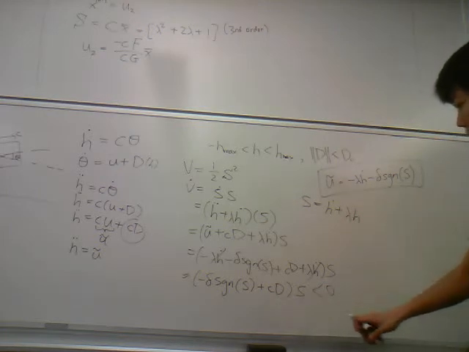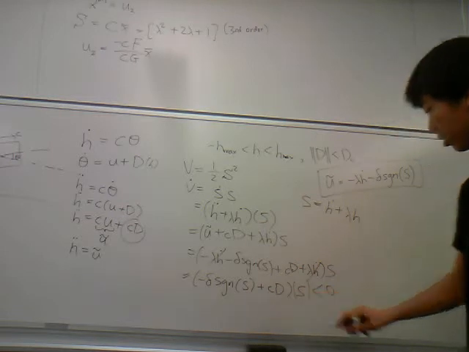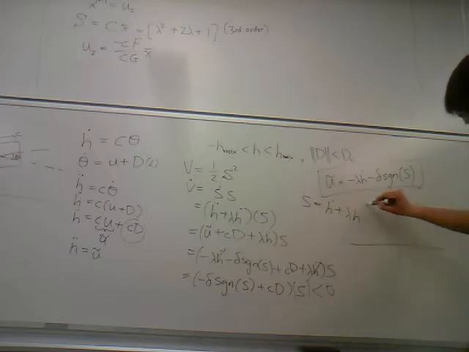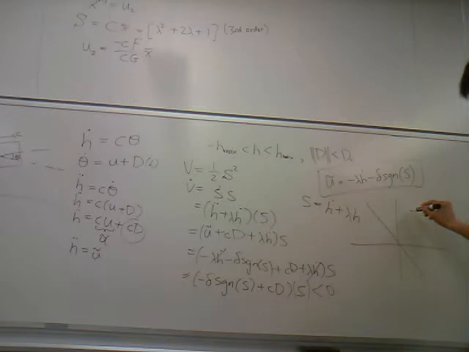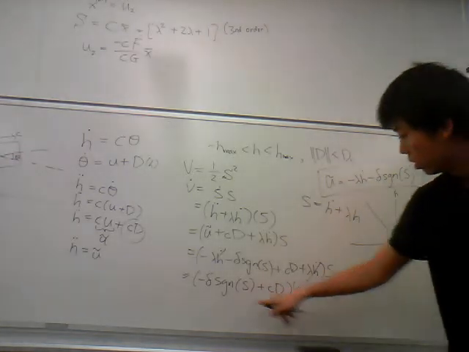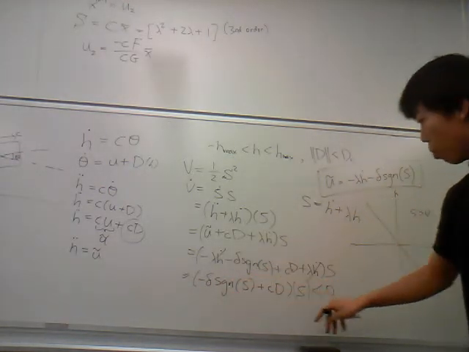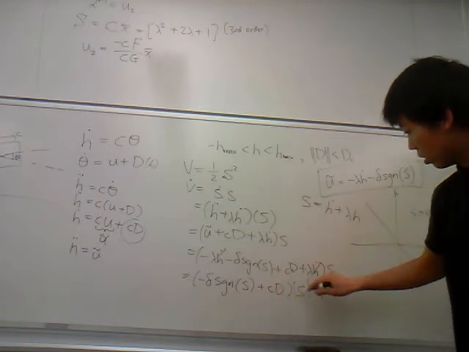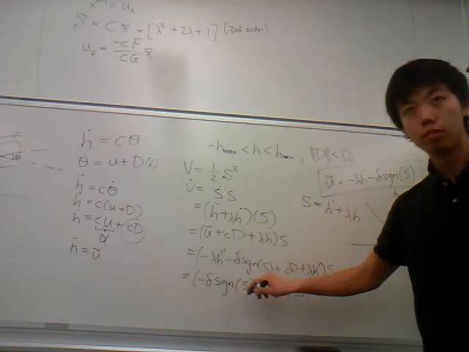So if we look at this expression, we can see that when S is positive, it's up here. If this is positive, then this first term has to be negative. So this is positive, that means the sign is positive.